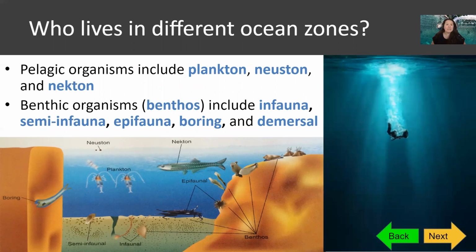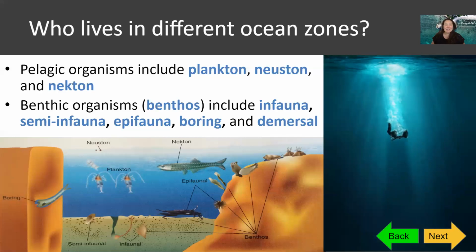Pelagic organisms include the plankton, the neuston, and the nekton. Now, plankton are the organisms that live suspended in the water column. They might have some locomotory power, but not enough to overcome major ocean currents or turbulence. The neuston are organisms associated with the sea surface, including microbes within the surface slick of the sea.